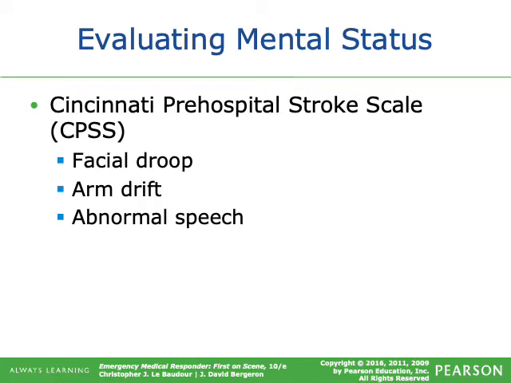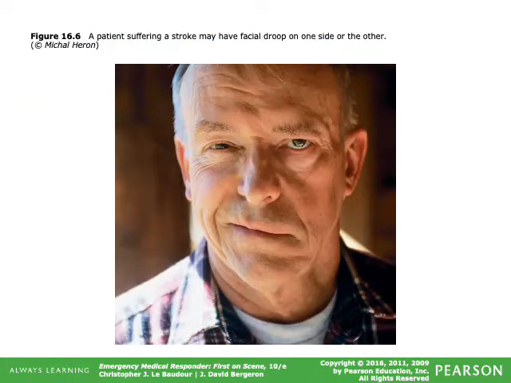Alright, to evaluate this, we're going to use the Cincinnati Pre-Hospital Stroke Scale. We're going to look for facial droop, arm drift, abnormal speech. We will cover this in class in detail. A patient suffering a stroke may have facial droop on one side or the other.